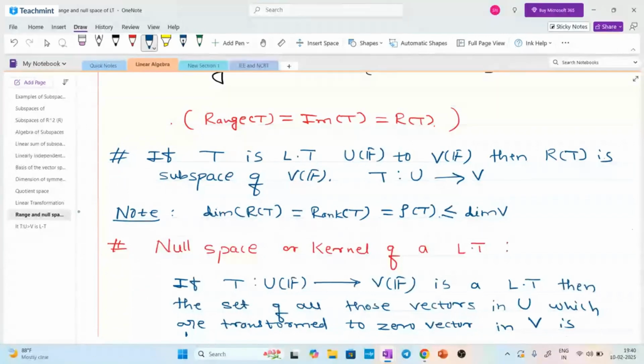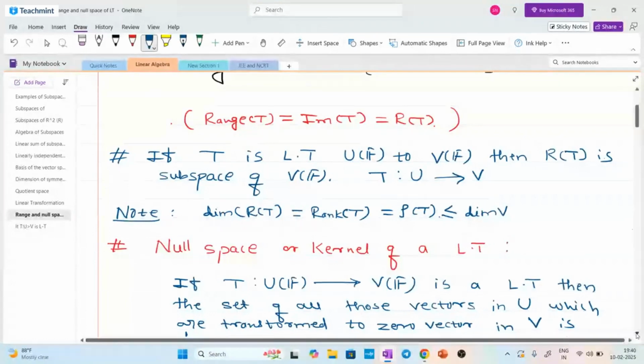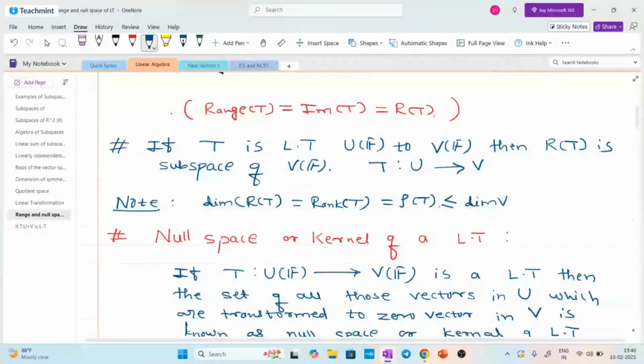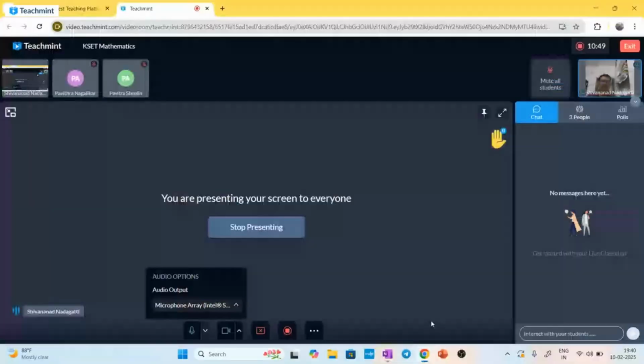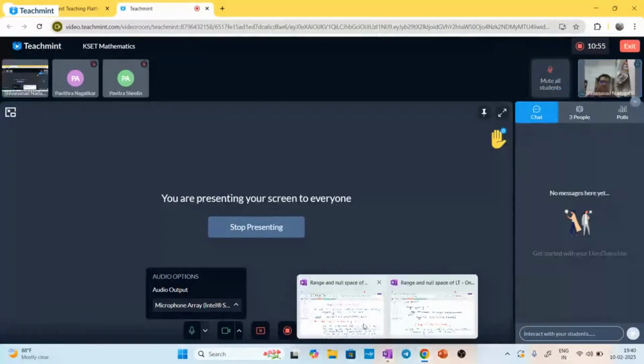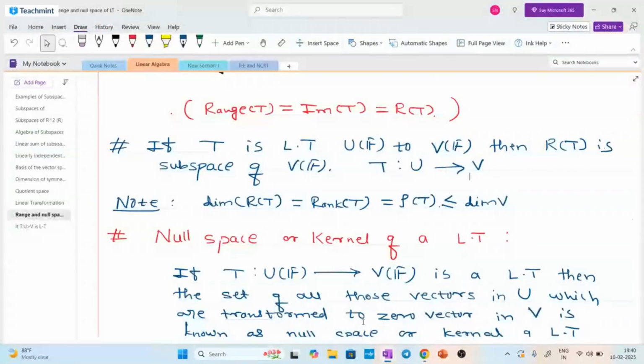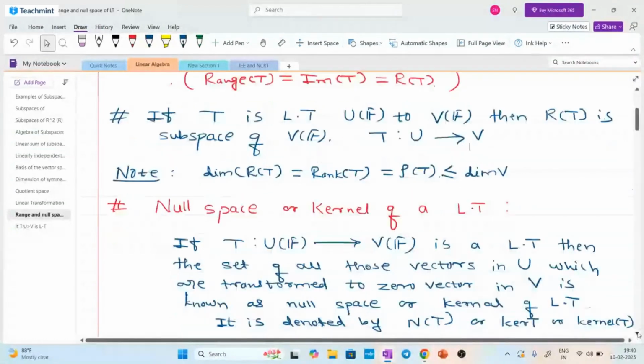Next, we define a new concept, that is the null space or kernel space of a linear transformation. Null space or kernel space of a linear transformation is defined as follows.